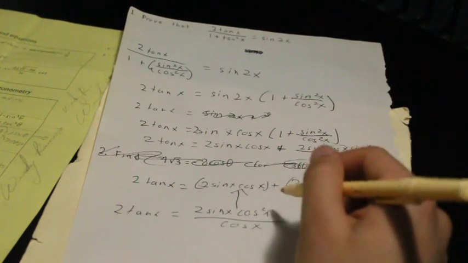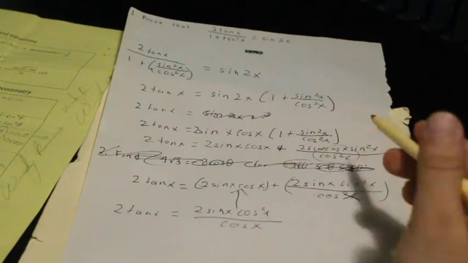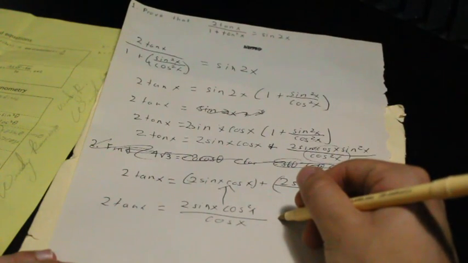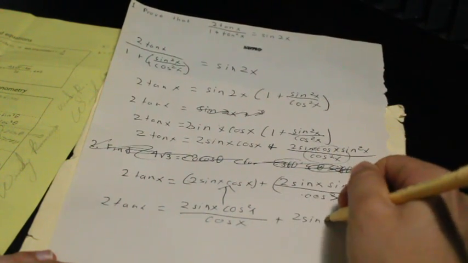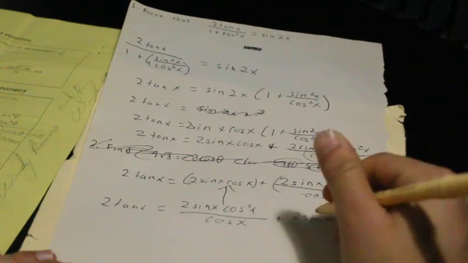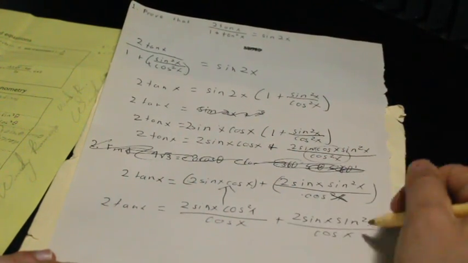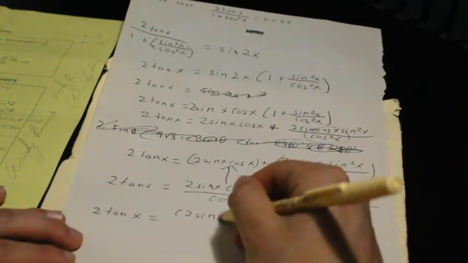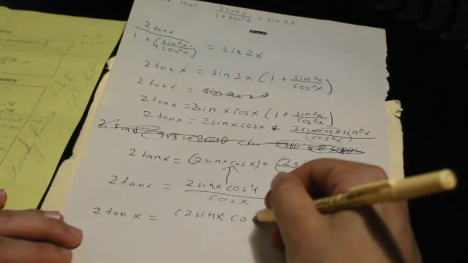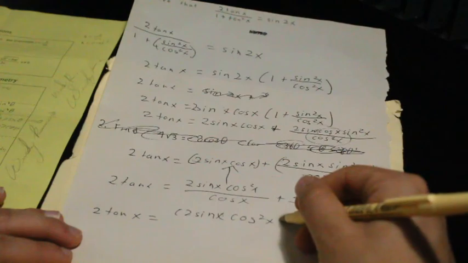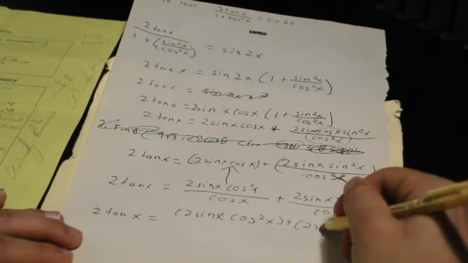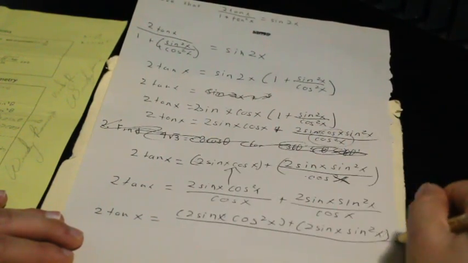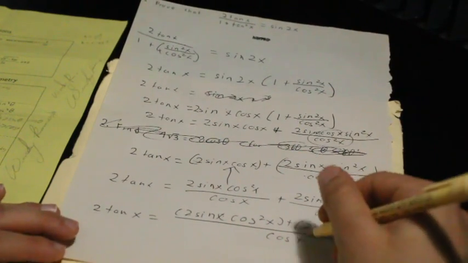So these two are equal, and now it has the same denominator as the thing we're trying to add. So let's do it. Plus 2 sine of x times sine squared of x over cosine of x. Let's put it in parentheses to not get confused, because it's really easy to do that with these types of problems. So then that plus 2 sine of x sine squared of x all over cosine squared of x cosine of x.